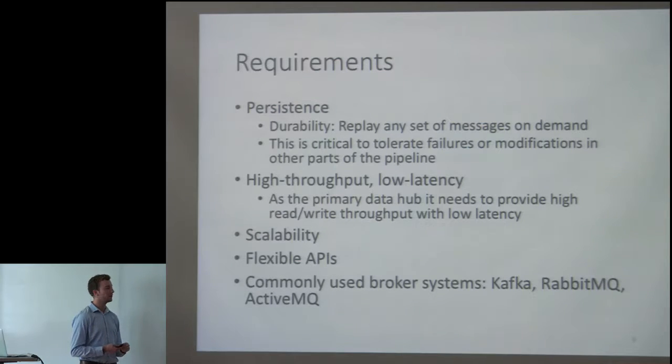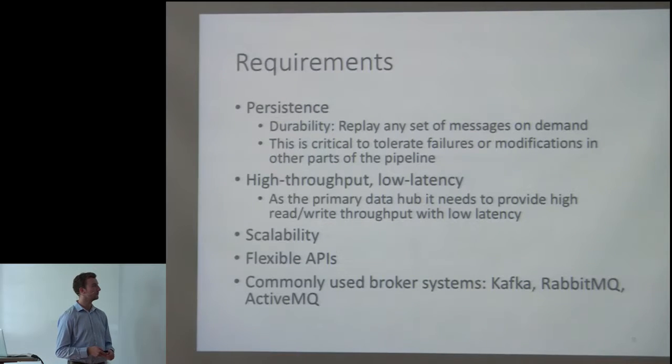These brokers usually replicate the data to make it persistent, and that should be network aware, topology aware. And it also helps if you can get data locality, so you can get much higher read and write throughput. But these systems are usually implemented that way.